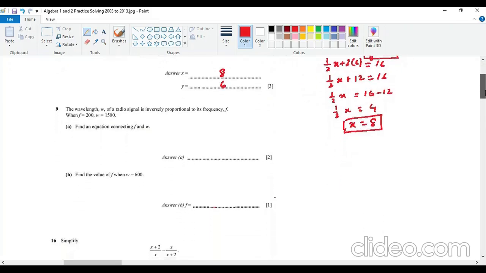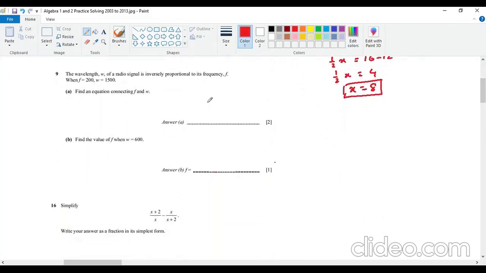Now comes the wavelength, and it says inversely proportional. That means you should begin your question like this: wavelength is inversely proportional to the frequency. That means we need to find out the constant value. So wavelength equals k over f directly, and frequency is going to be k over w.